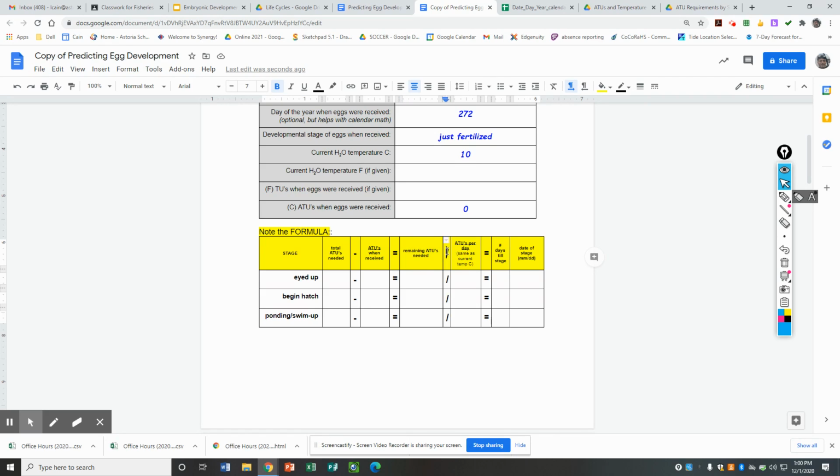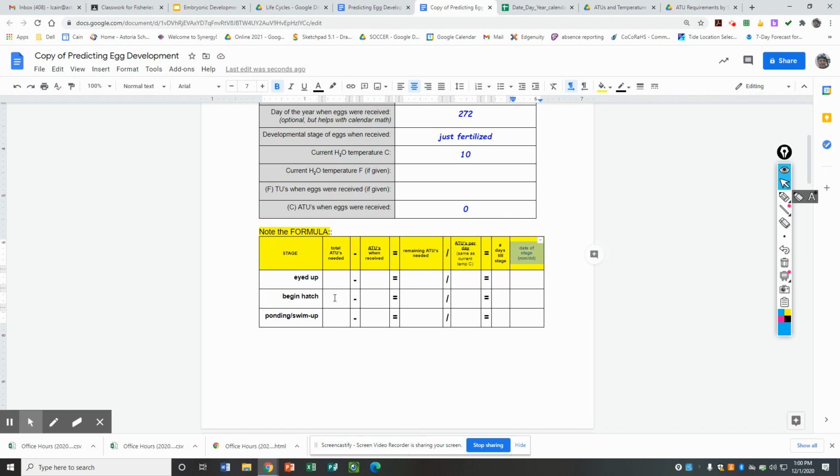We then divide that by the ATUs that are accumulating per day, which is the same as the water temperature in Celsius. Again, it's much easier in Celsius. If it was water temperature in Fahrenheit, we'd have to subtract 32 every single time. That division problem will equal the number of days left until the stage. And then we can simply add that either directly on the calendar if it's inside a month, or using the year calendar, to the day of the year, 272, to give us the date of the stage.